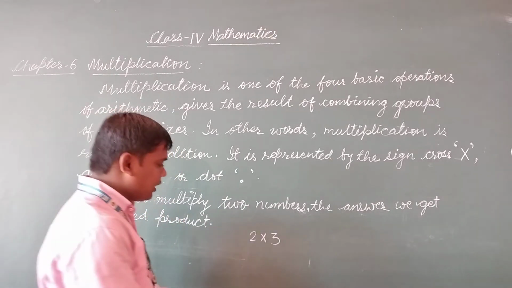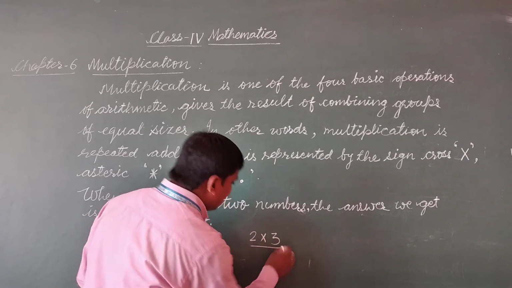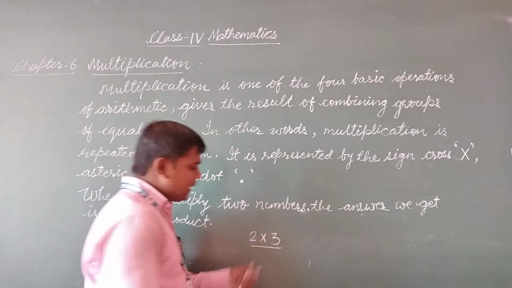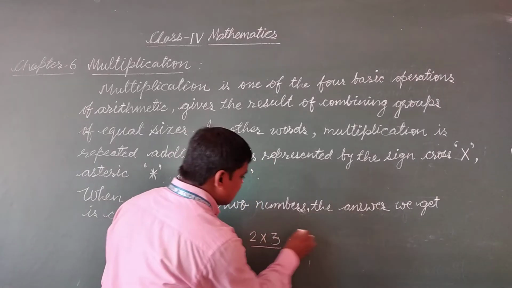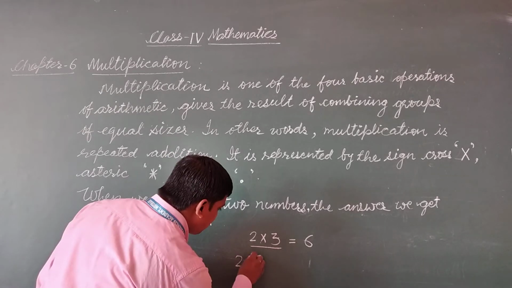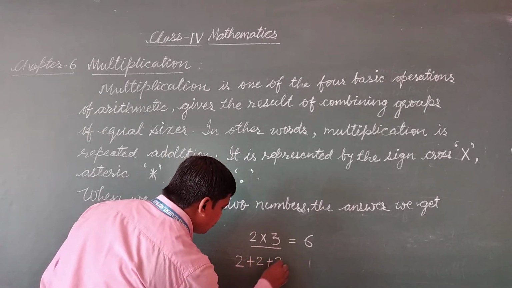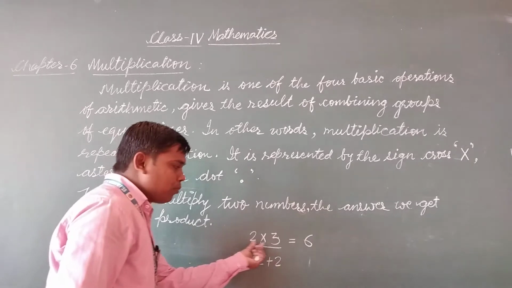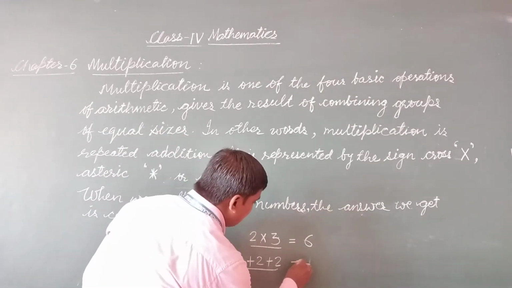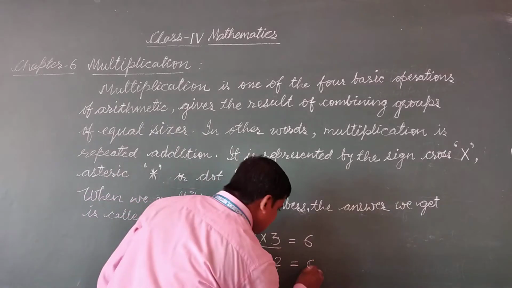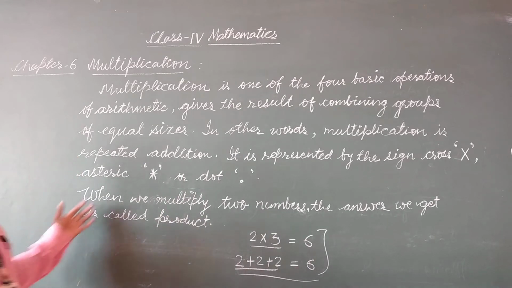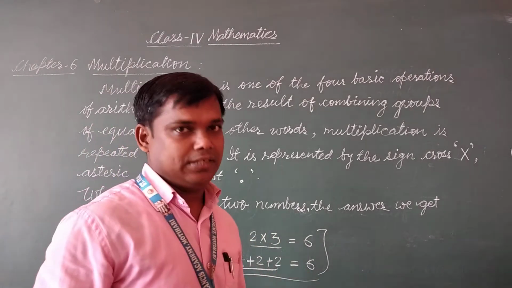Or you can also say 2 multiplied by 3 times, meaning 2 3 are 6. You can also write 2 plus 2 plus 2. How many times? So 2 multiplied 3 times means 2 three times here, and when we add we get 6. So from this we can say that multiplication is repeated addition.